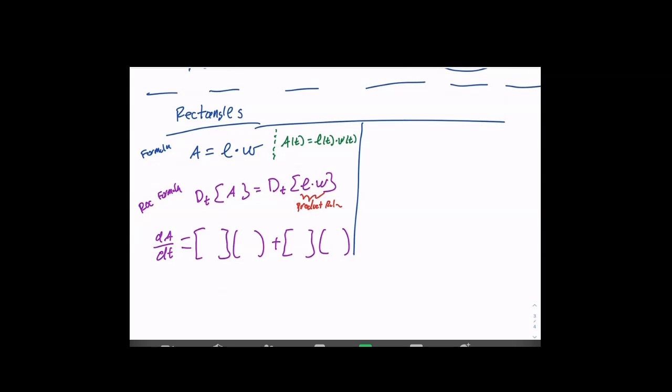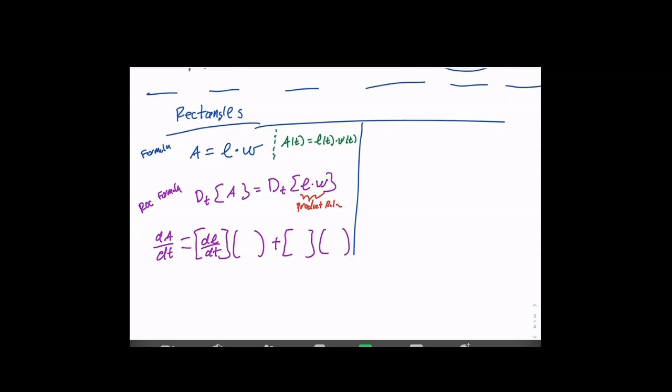We almost already said the answer. Is it LT? Not L times T. It's dL/dt. It's the derivative of L with respect to t. That's how we say it.